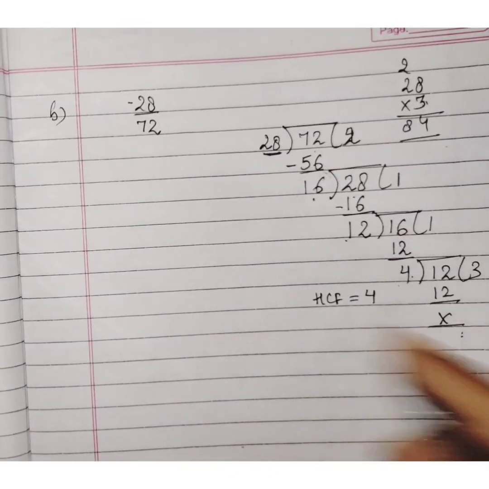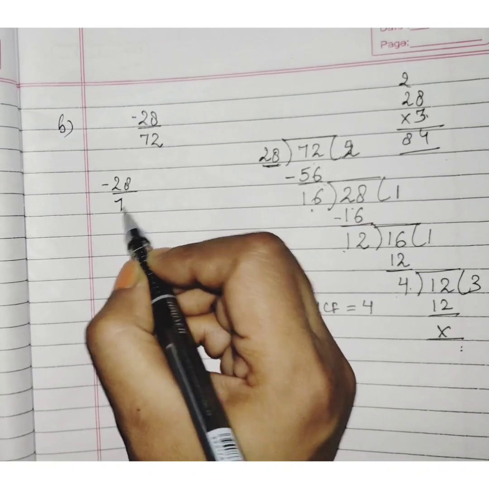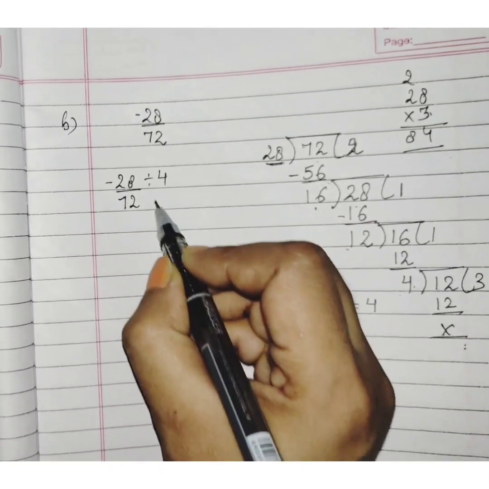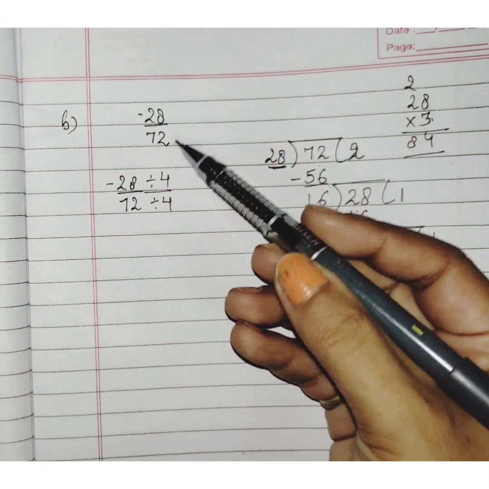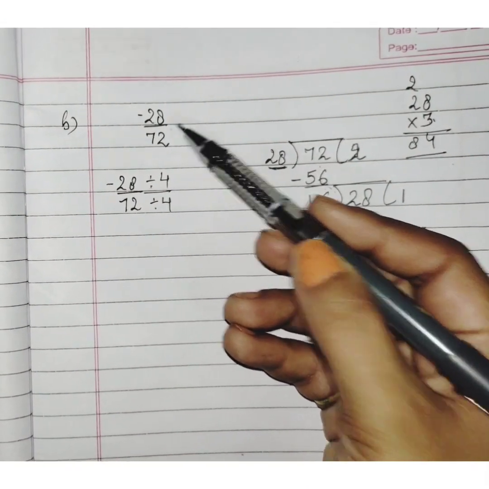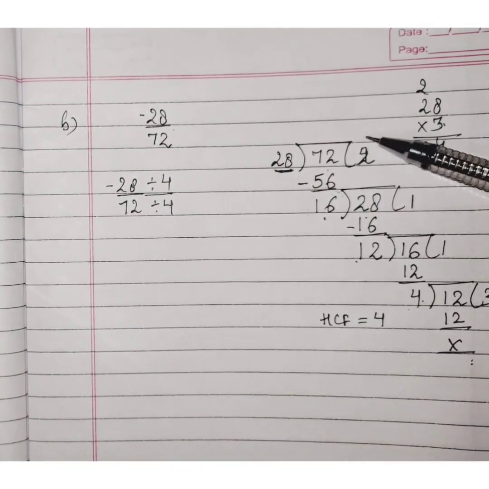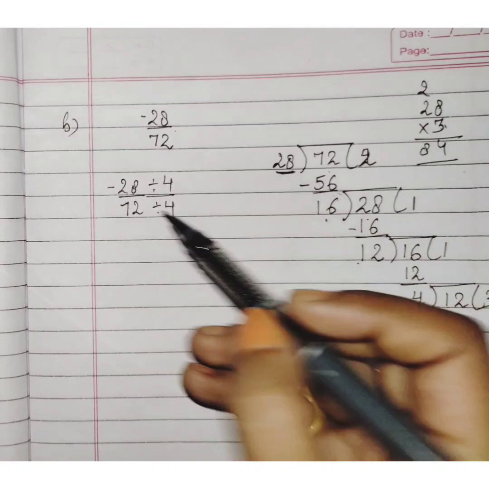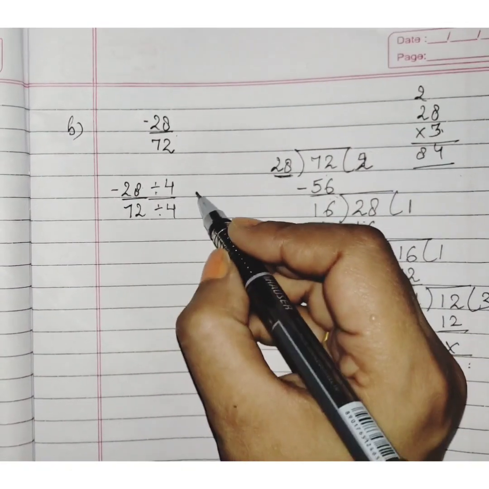Now what you have to do? You just divide the denominator and the numerator by 4. First step is already done because the denominator is positive. The second step is to calculate the HCF, which we have already calculated. Now divide both the numerator and the denominator by 4.